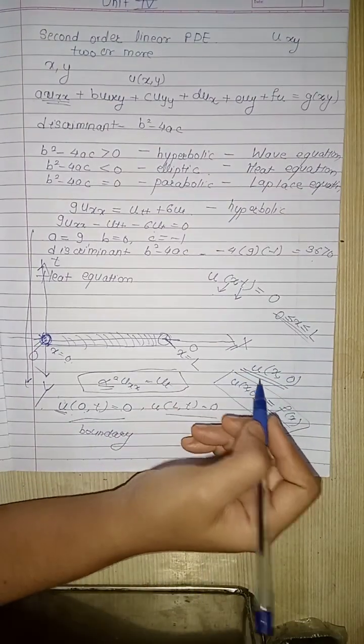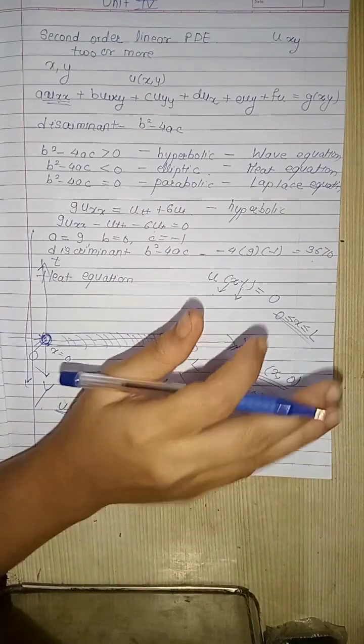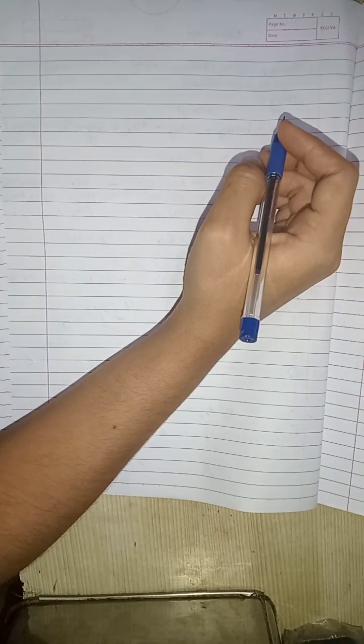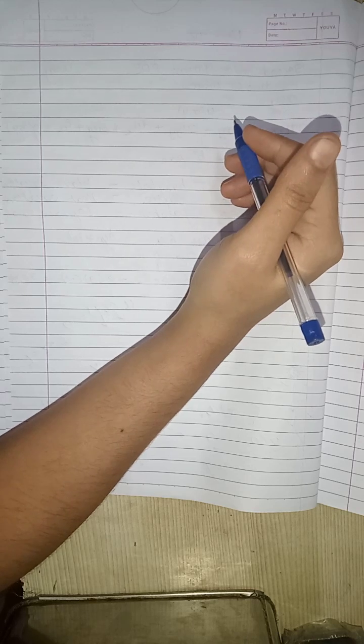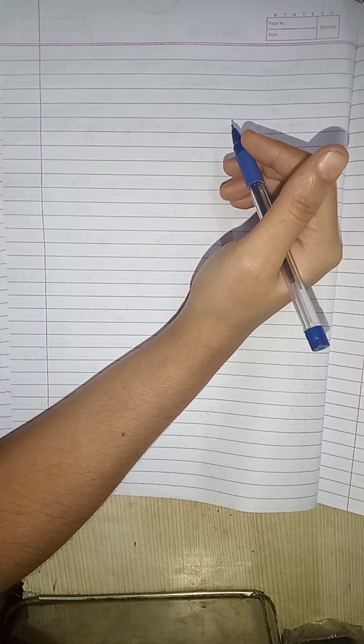Such a problem where you get the initial as well as the boundary conditions is known as an initial boundary value problem. Depending on the boundary condition as well as the initial condition, the differential equations are considered into different types.